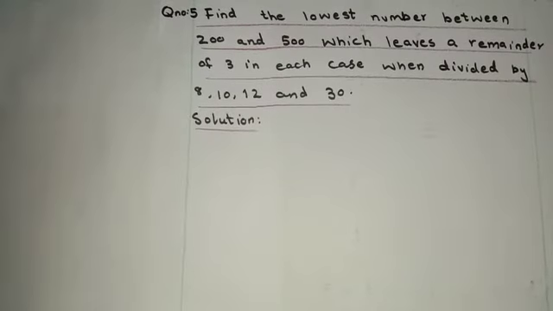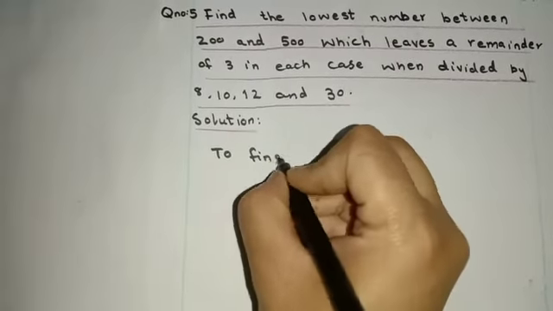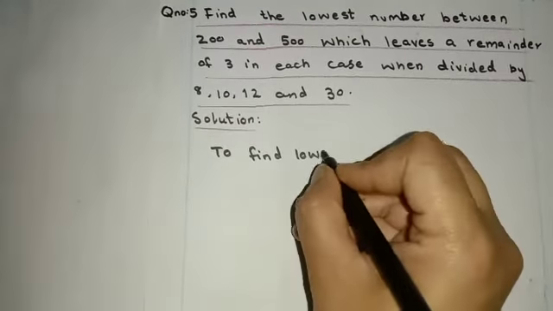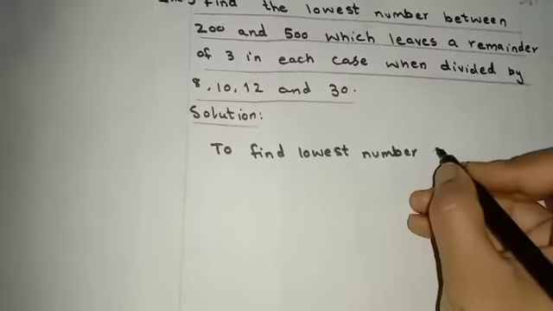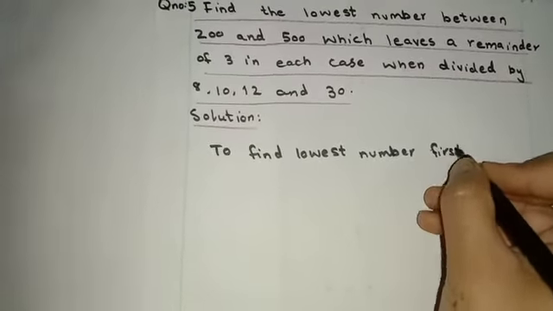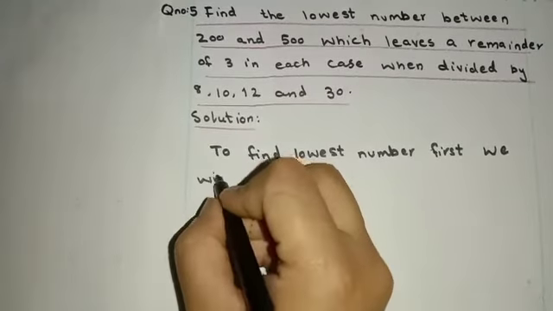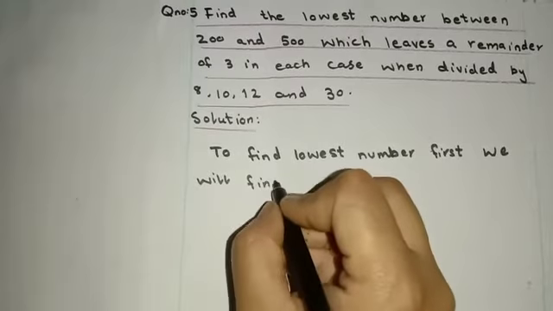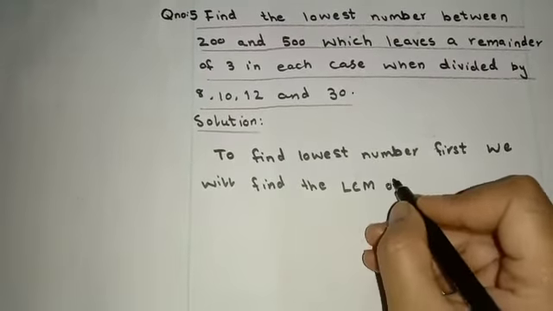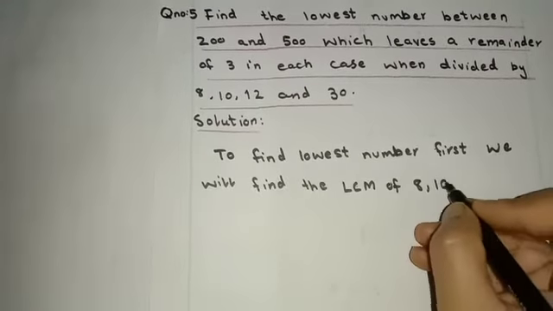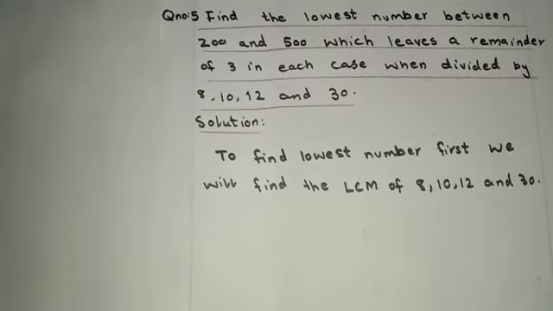So to find the lowest number, first we will find the LCM of 8, 10, 12 and 30.